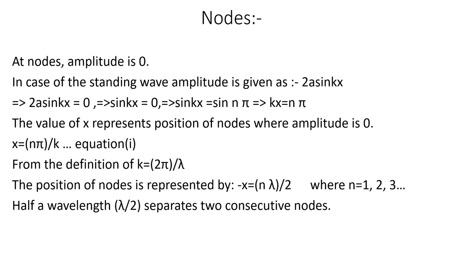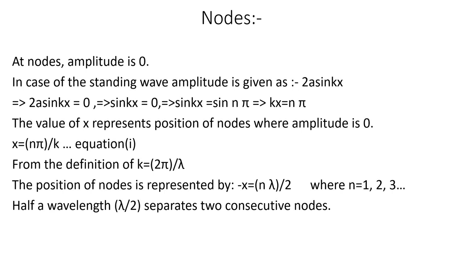From that we can find the value of x: x = n pi by k. The value of x represents positions of nodes where amplitude is 0, given by x = n pi by k. And what is k? k is the wave number. Whichever position satisfies this expression, those positions will be nodes, meaning 0 amplitude.